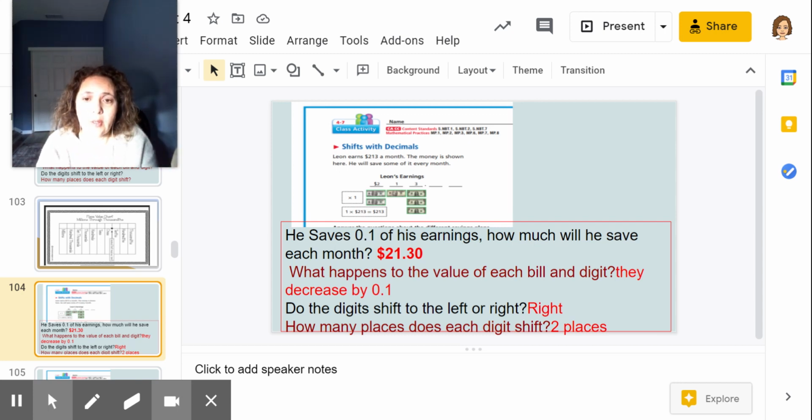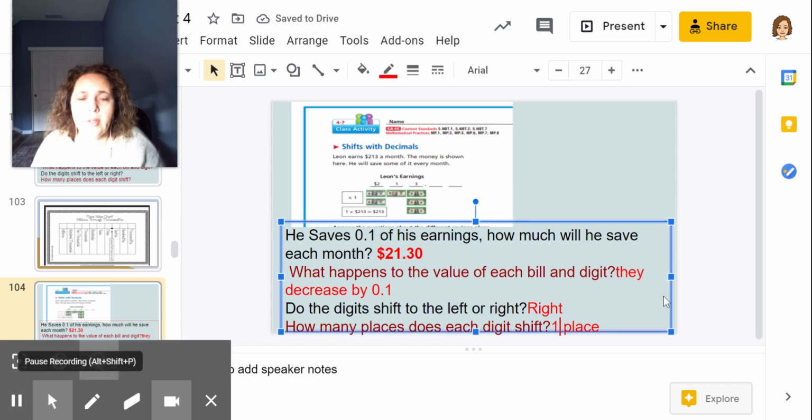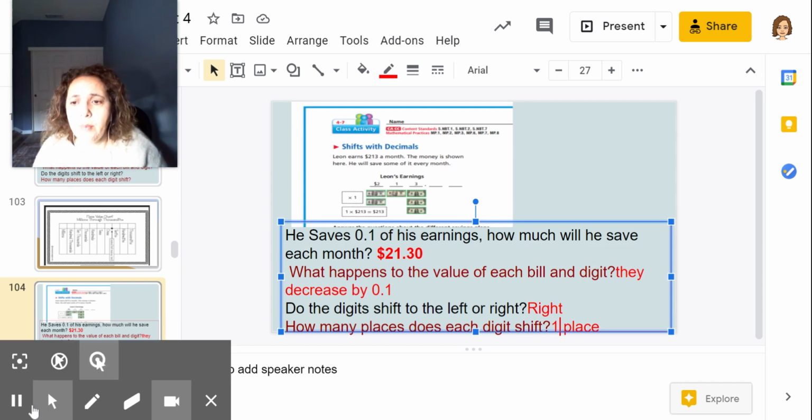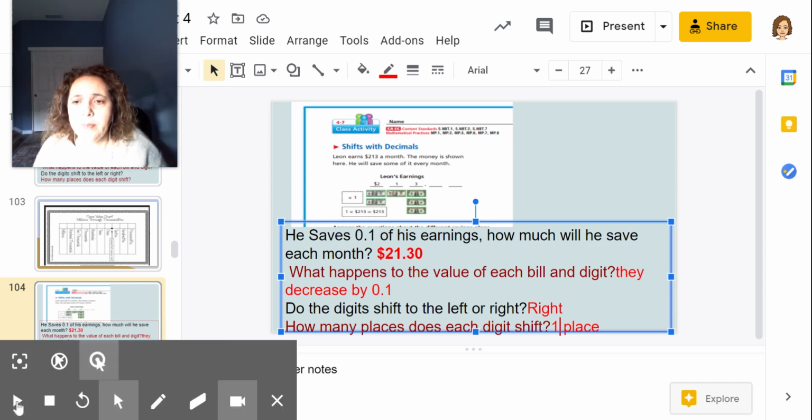Because that's how it gets smaller. And how many places did we shift? Oh, it should be 1 place, not 2 places. All right, there we go. They shifted 1 place, right? Because it was 1/10, so 1/10 is 1 place value shift. So let's see what happens on the next problem.